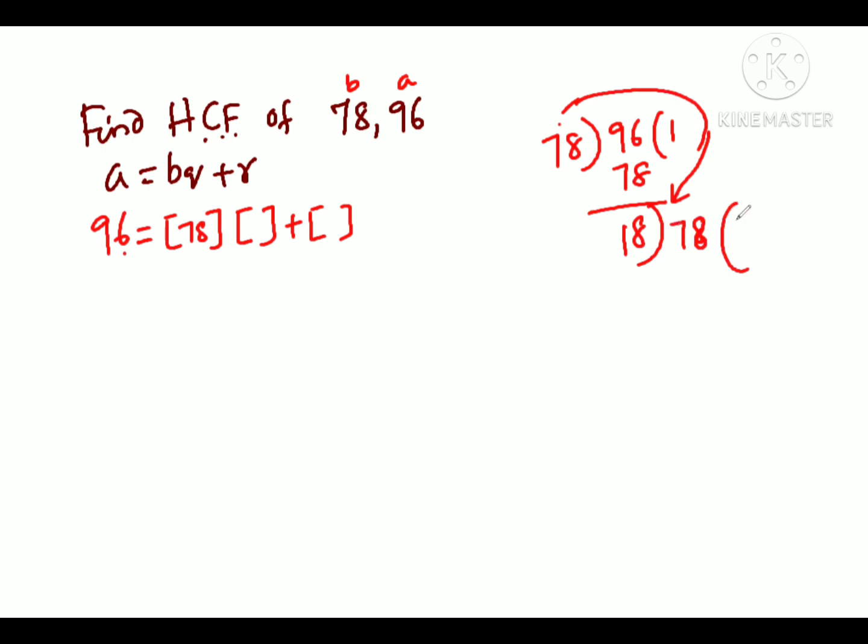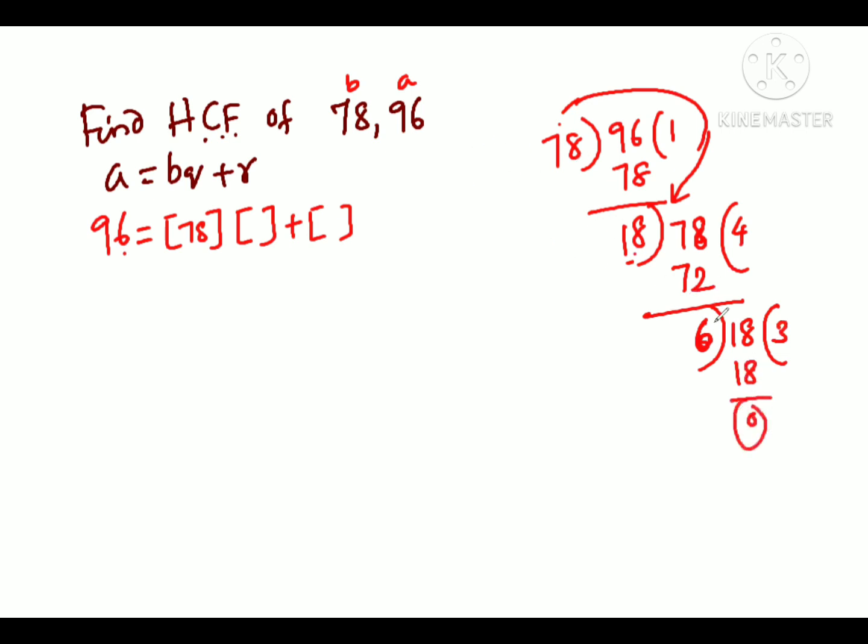78, 18 4s are 72. By subtraction we get 6, and this remainder is taken as the new divisor, and the previous divisor is taken as the new dividend. 6 3s are 18, we got 0.